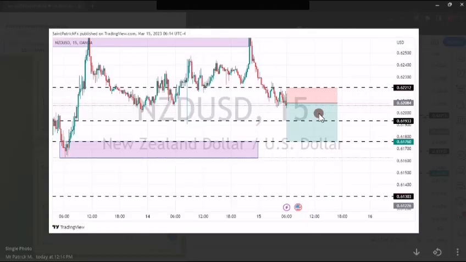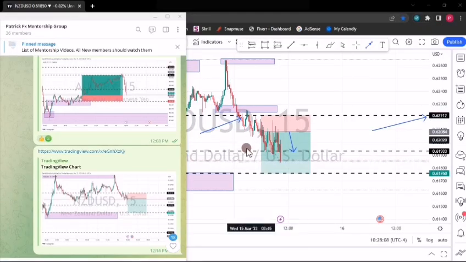Whenever I send a signal, like in this case, from now, I'm going to send a signal like this one. The first line is your stop loss. This gray one right in the middle is your entry point. The middle line is the take profit for the first trade, and the last line is your take profit for the second trade. That is what I wanted to correct.